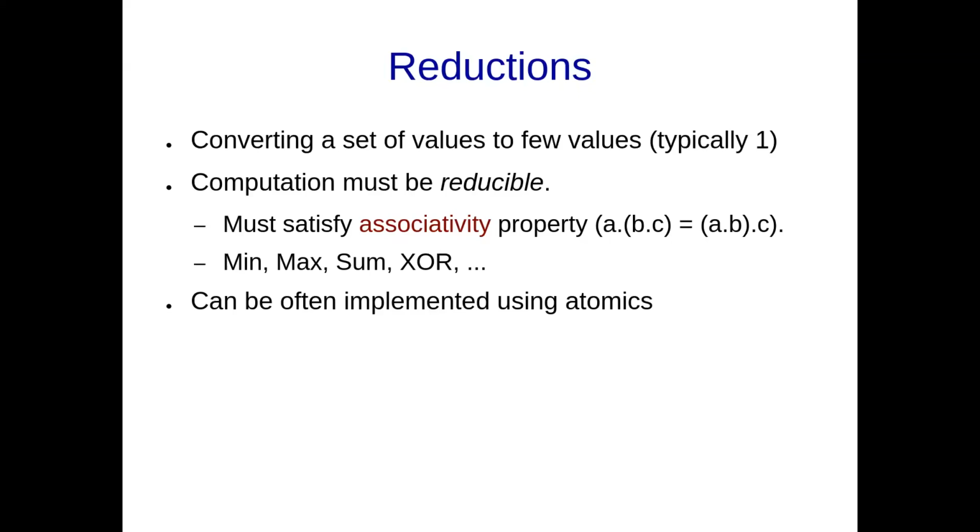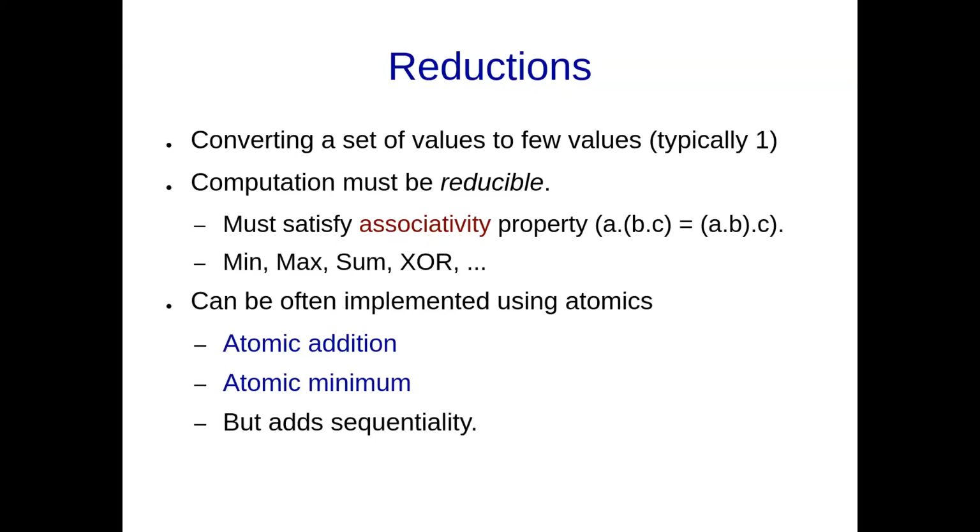So atomic addition, atomic minimum and so on can be used to perform reductions, but it also adds sequentiality to the execution. There are slightly better parallel ways than using atomics. We talked about the write buffer, which adds sequentiality to your writes. To avoid that, there is a nice hierarchical computation which you can do, which is essentially referred to as a reduction.